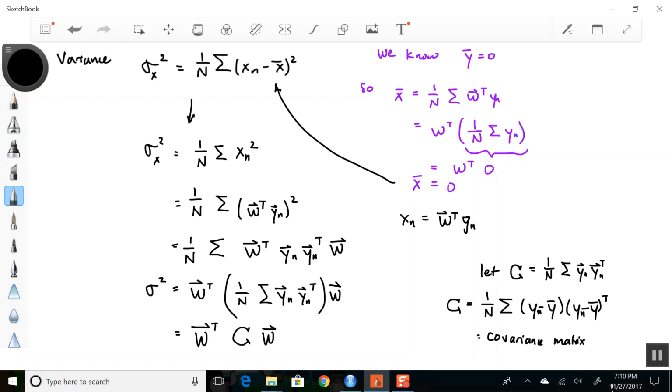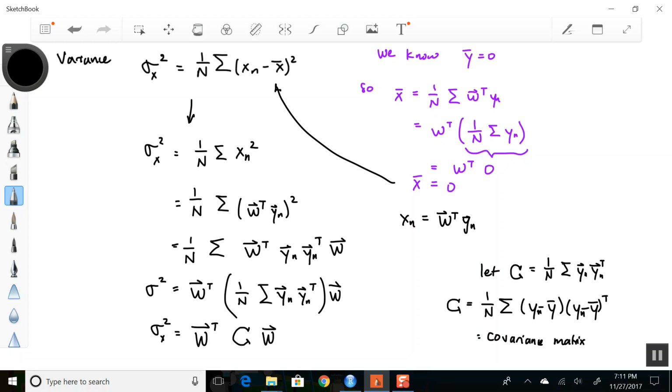Okay, so what we have is our loadings, w transpose times the covariance times w. We still want to maximize this thing. So how can this be done?